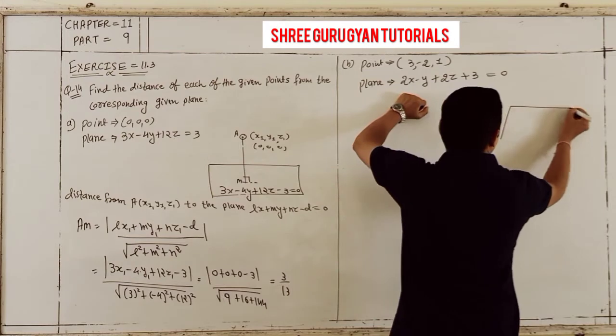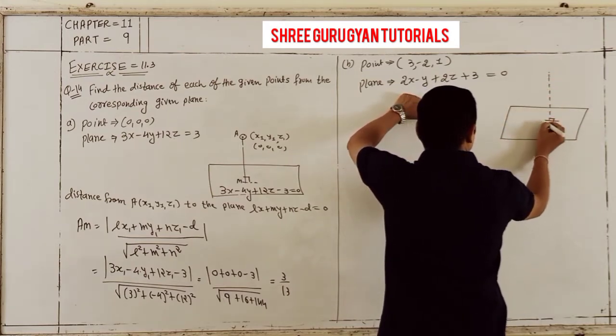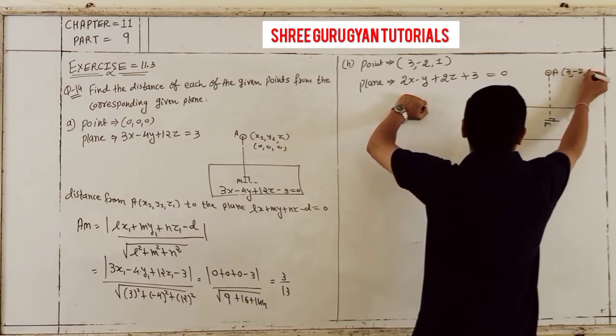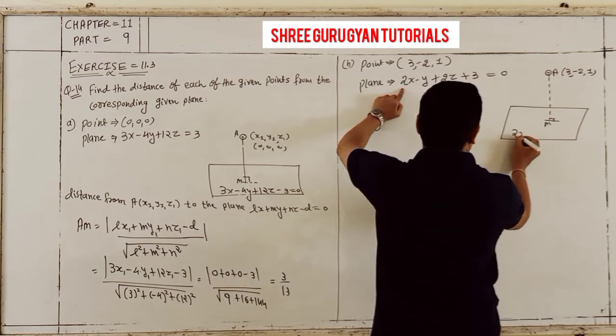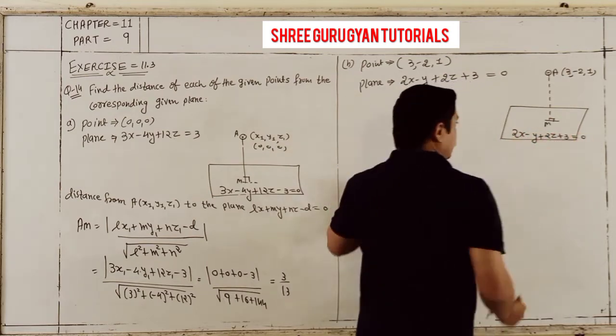That's a plane. Here your distance is A to M. A is 3, minus 2, 1 and the plane is 2x minus y plus 2z plus 3 is equal to 0.